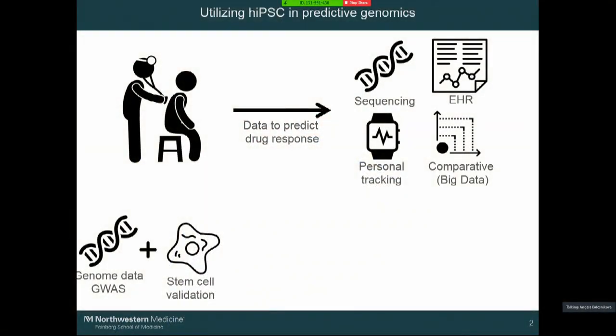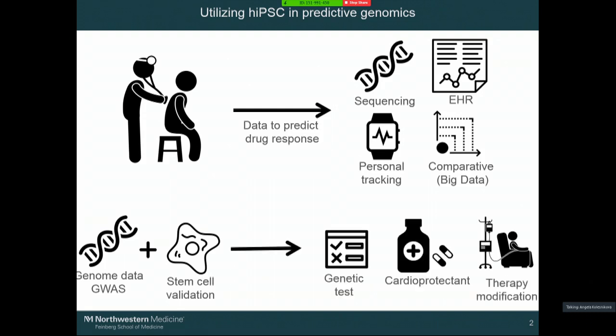Where we see the iPS cells fitting into this model is that in the future, if we have every patient's whole genome and we have their phenotype collected in a manner in which we can query it correctly, we can then take the human iPS cell model and validate the genomic hits that we discover that are associated with these phenotypes.